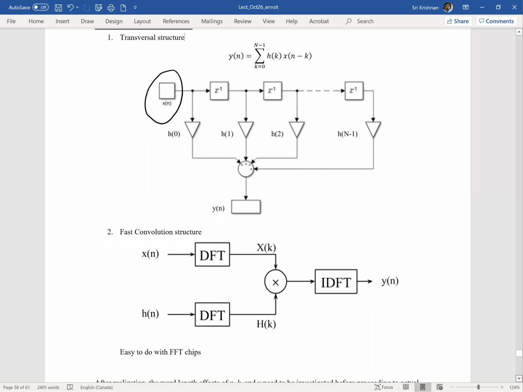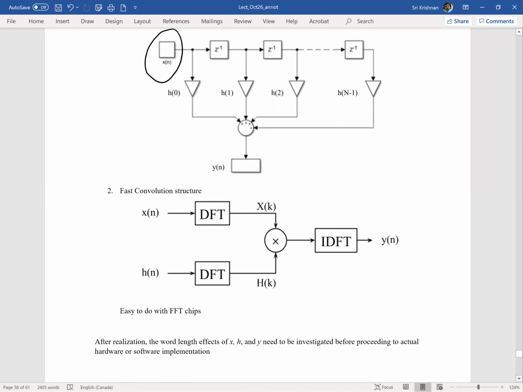The second way is to do with FFT chips, fast Fourier transform integrated circuits. How we could do that is that we would be passing the signal and the filter coefficients through an FFT processor, and what we get is frequency transformed variables, and then we do the multiplication and do the inverse Fourier transform to get your output signal Yn.